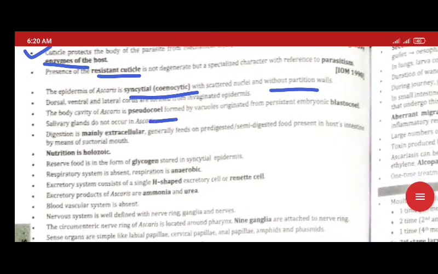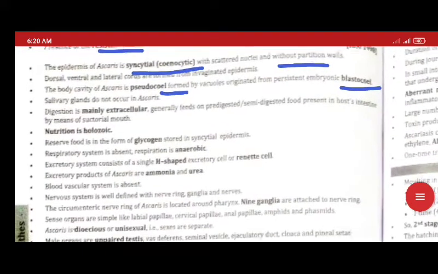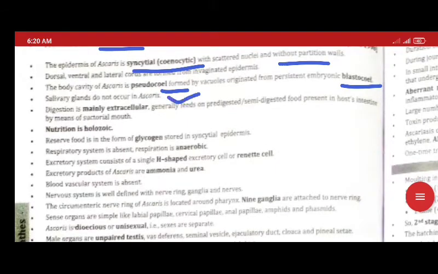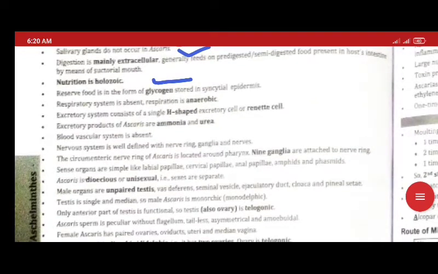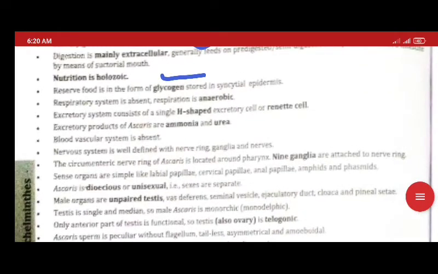Body is pseudocoel. Pseudocoel is false coelom developed from blastocoel. Salivary gland does not occur here. Nutrition is holozoic, means feeds on small living beings or living animals.